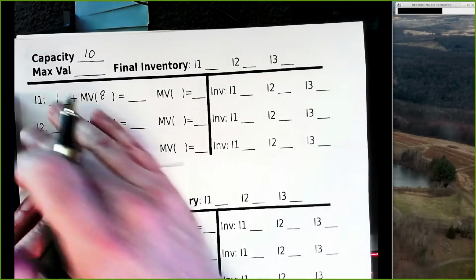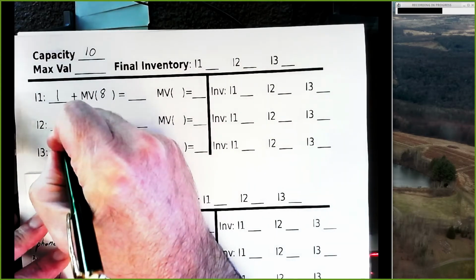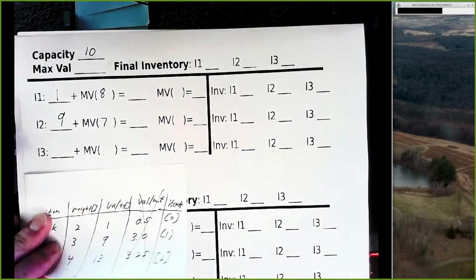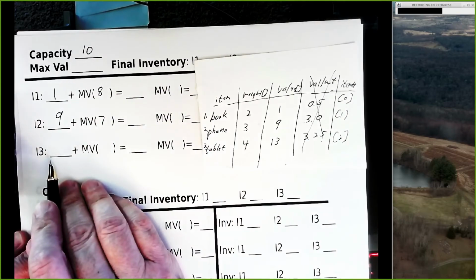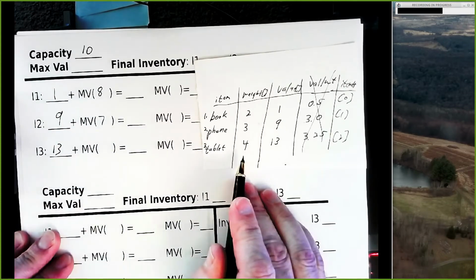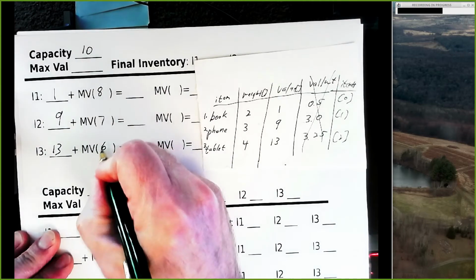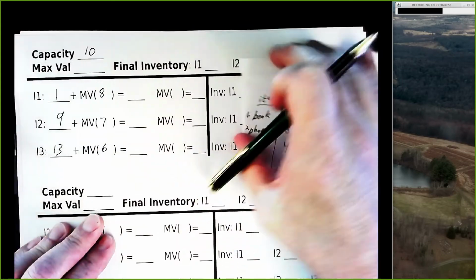Item 2, which is a phone, has a value of $9 and a weight of 3, so 10 minus 3 is 7. This will be 9 plus maxval of 7. And if we start with the tablet, it has a value of 13 and weighs 4 pounds, so the capacity is 10 minus 4, that's 6. Whatever the max value of 6 is, if we add 13, we get the best value we can by starting with this.